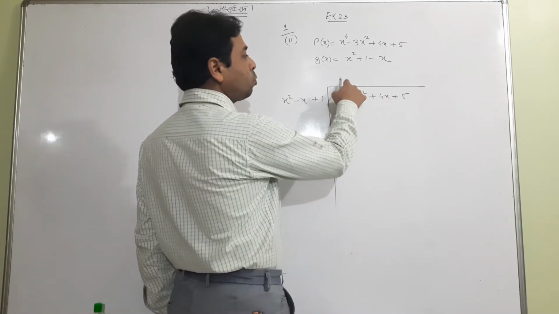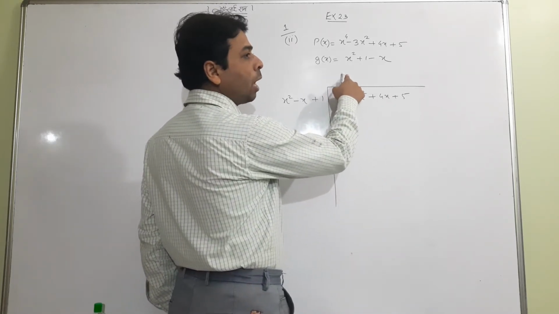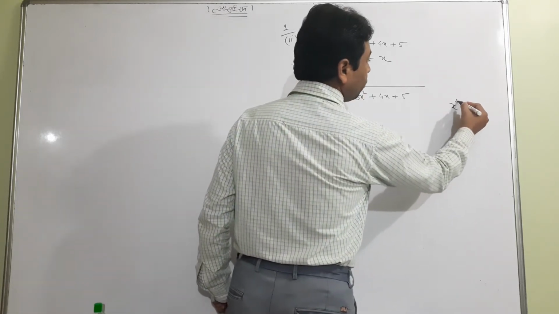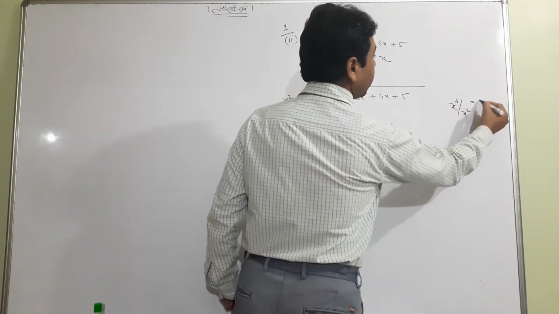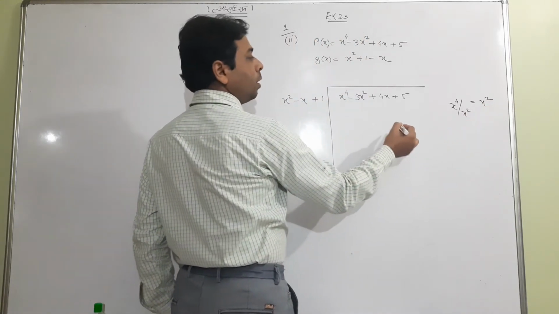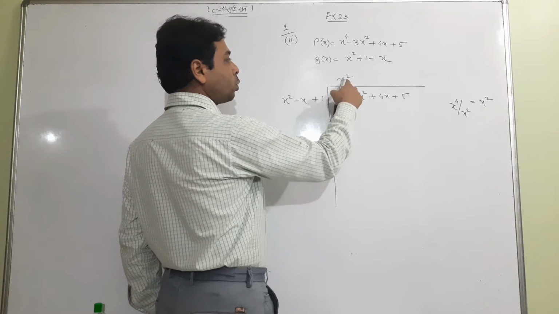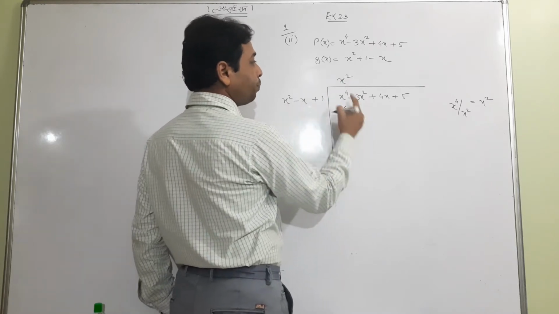So we first have to select the term, and this is how the selection works. This by this, in the extra section we do x square, we get x square, and then we have chosen it. So multiply x square in all the terms: x square into x square, x to the power 4.